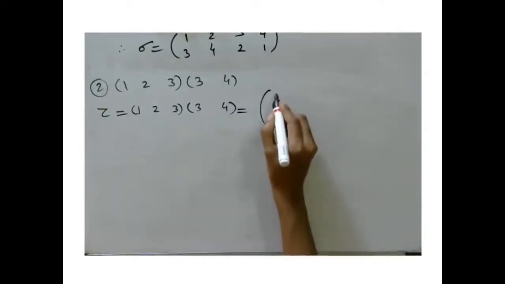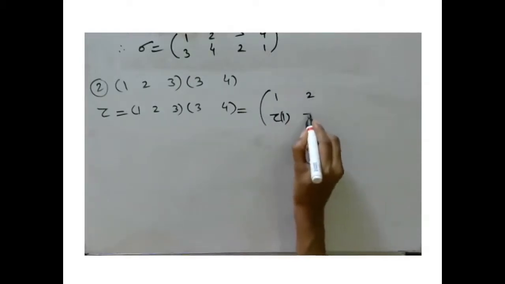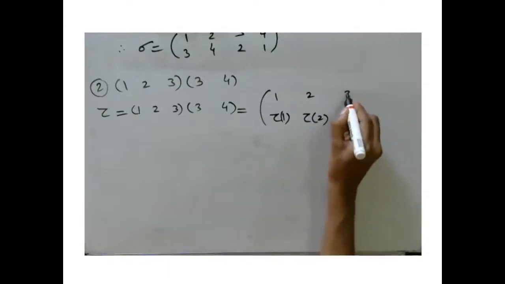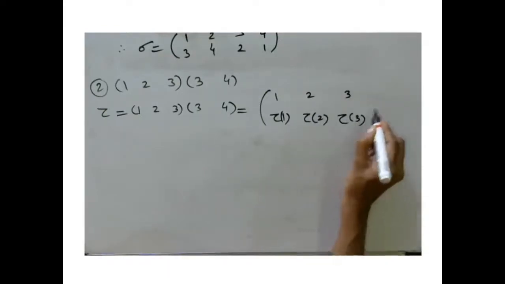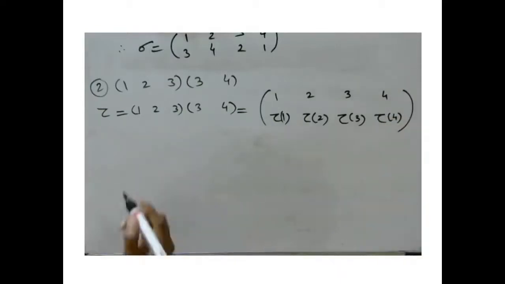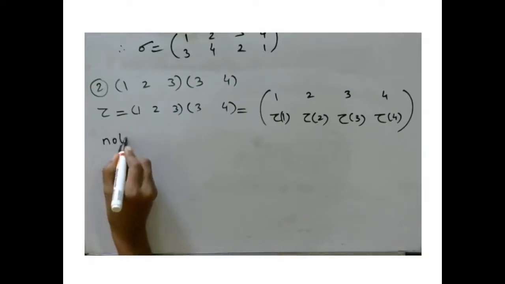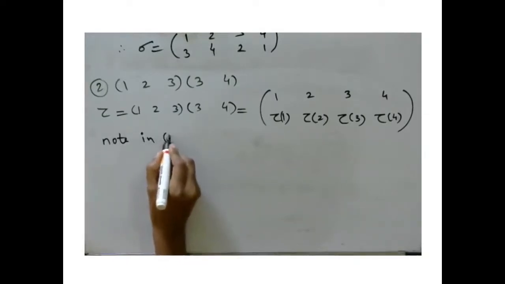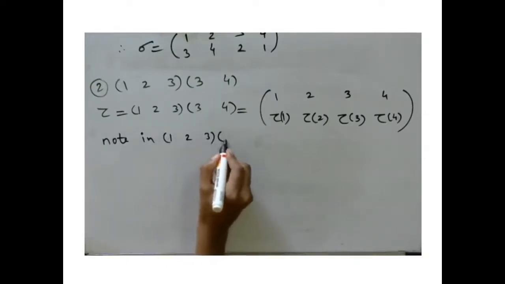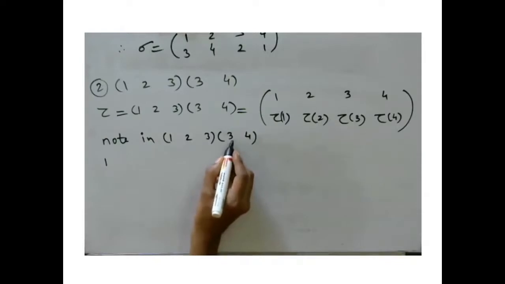In array format we have to write, so 1 maps to tau of 1, 2 maps to tau of 2, 3 maps to tau of 3, 4 maps to tau of 4. So let us see the images. So note, in (1, 2, 3) into (3, 4), let us start with the rightmost cycle to see the image of 1. Here 1 is not present, so it means 1 is fixed.